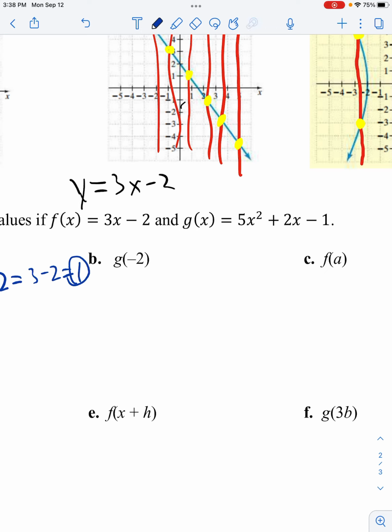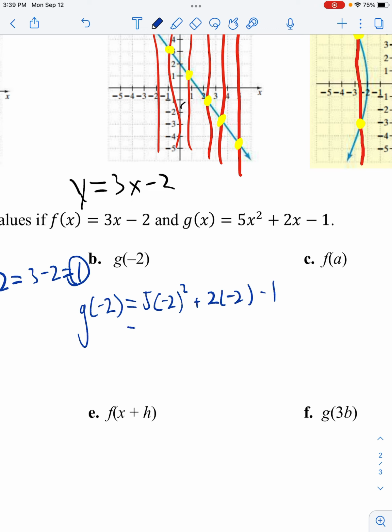All right, and then over here, I have g of x equals 5x squared plus 2x minus 1. So g of negative 2, that's what I get if I plug in negative 2 for x here. So g of negative 2 equals 5 times negative 2 squared plus 2 times negative 2 minus 1.